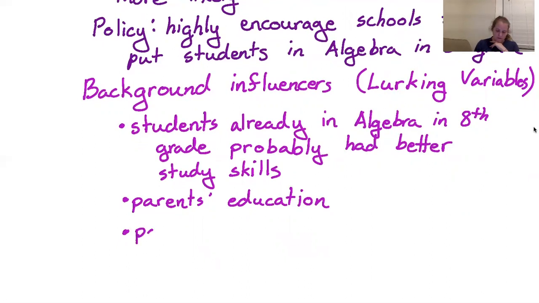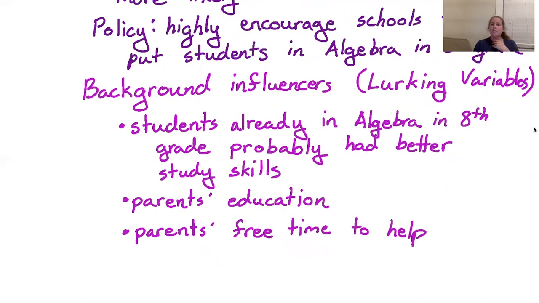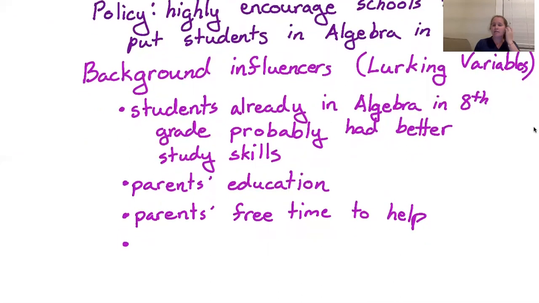So parents' free time to help their children as they are studying. And one last thing, there's plenty of others, right? Money for, say, tutors for all sorts of things.